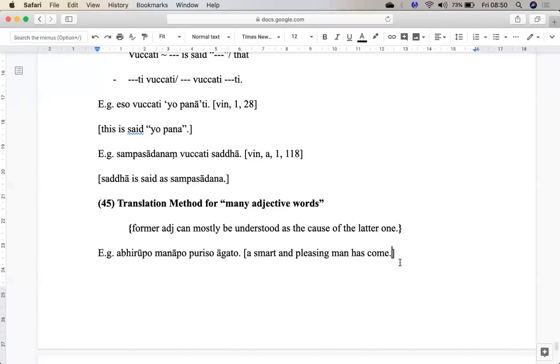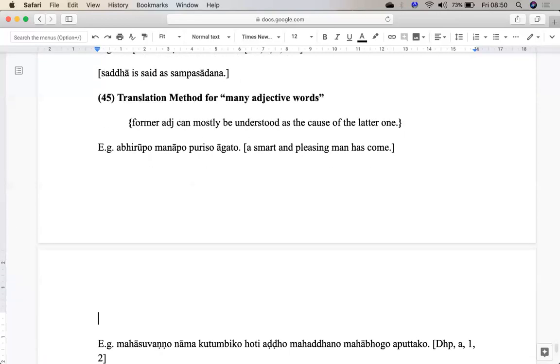Okay, but the other way we can understand, here abirubo is the reason for the manabo.